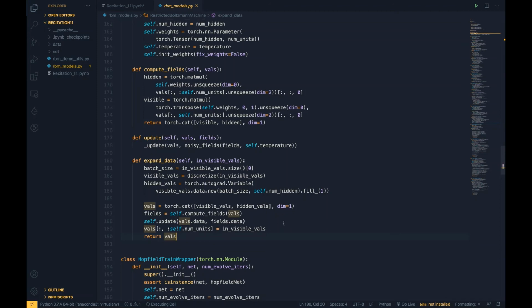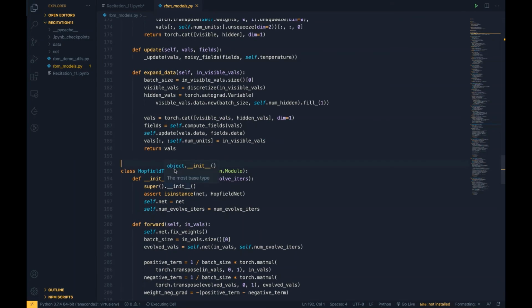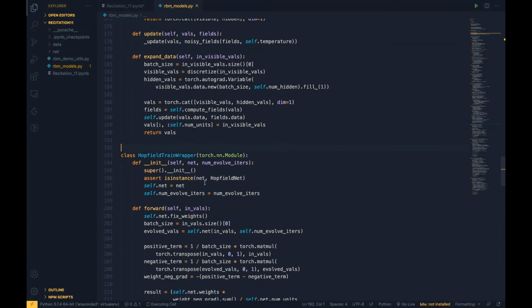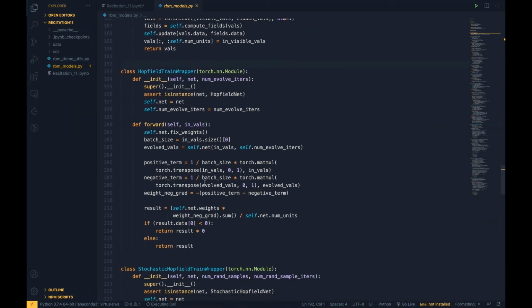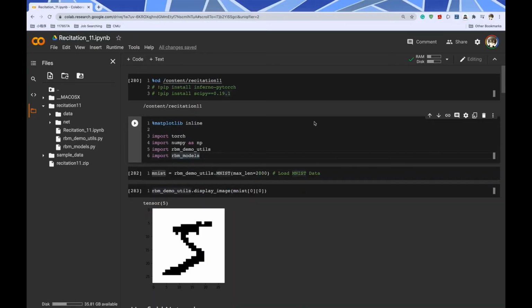Okay, so till now we have gone through all the models, and the rest of the code is just training wrappers that help the training. We are not going to discuss any detail. Get the Jupyter notebook of this recitation and see how our models can apply to the real dataset.